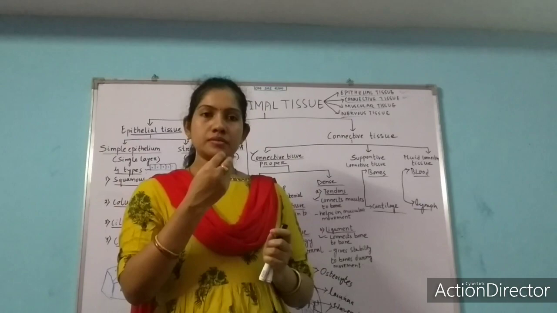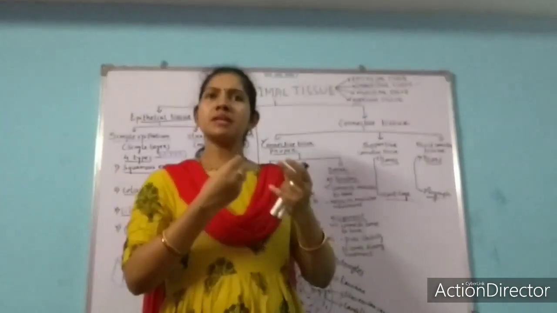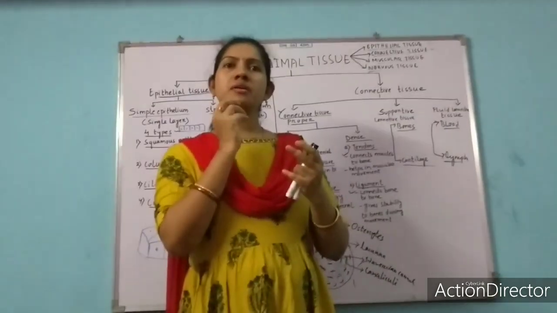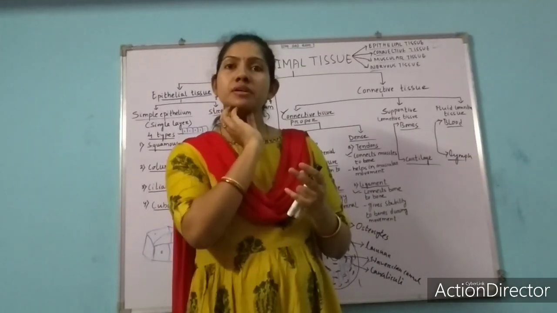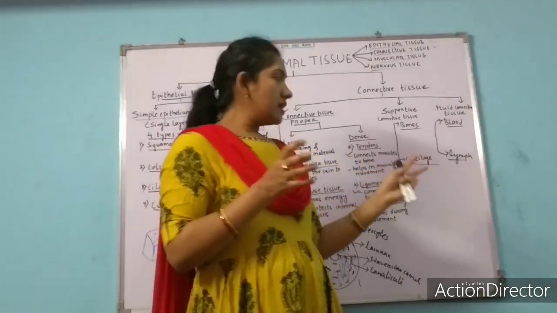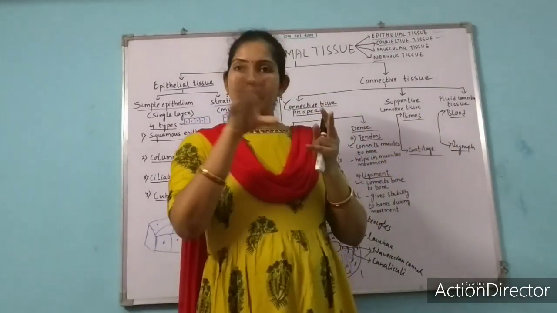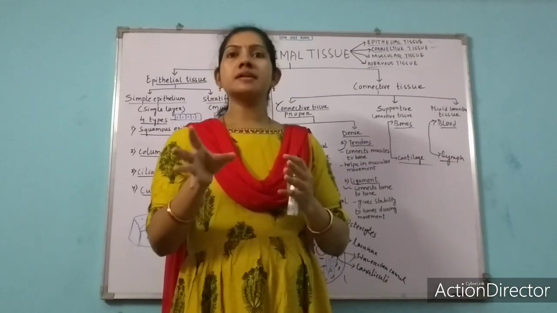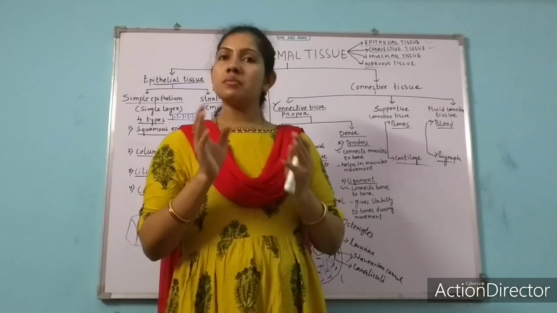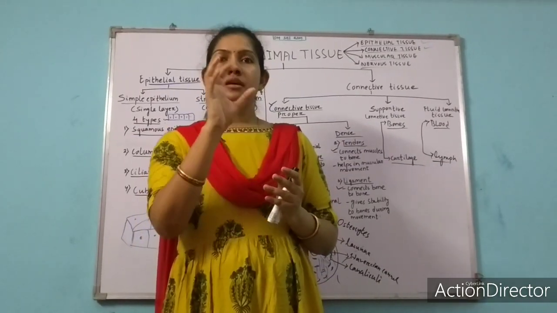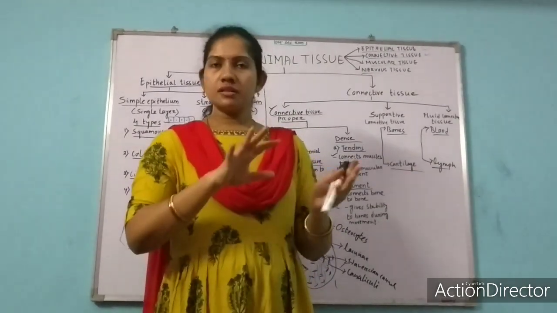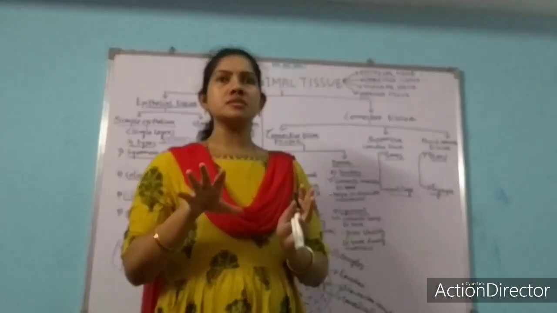Suppose microorganisms enter our body through wind or food, then they get trapped in the tonsil, and with the help of lymph the microorganisms are killed. That's why sometimes there is a swelling in the tonsil. We call it tonsillitis. These parts we will discuss later on.